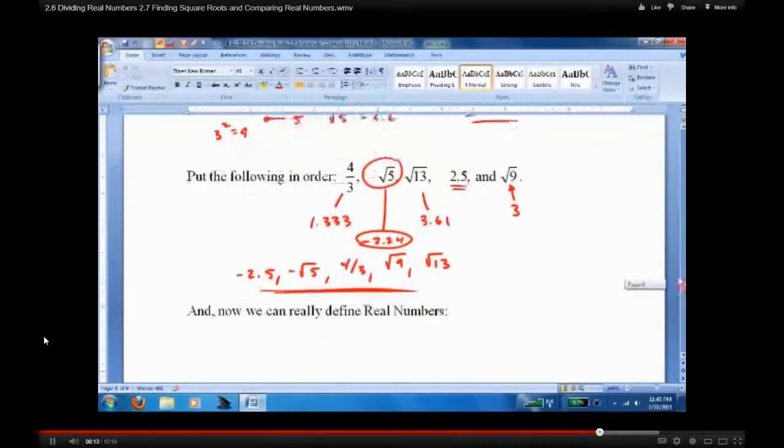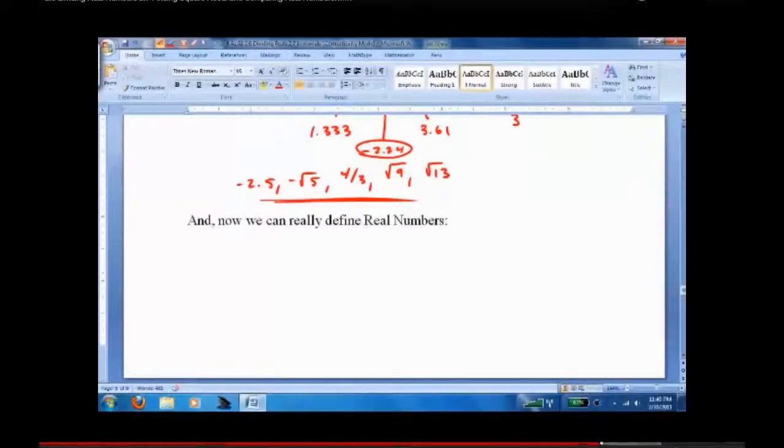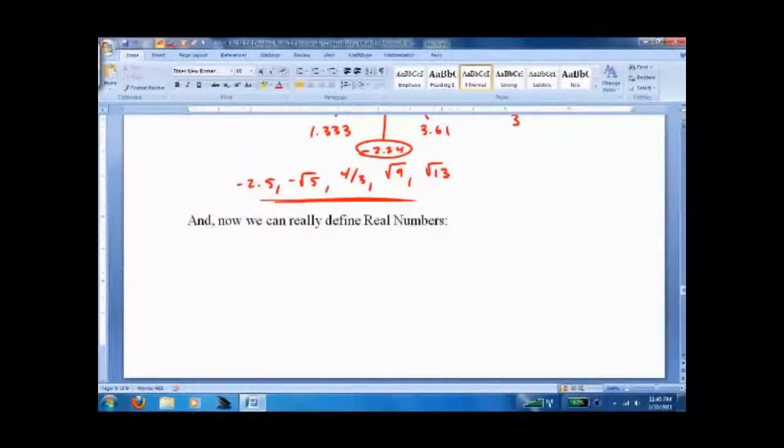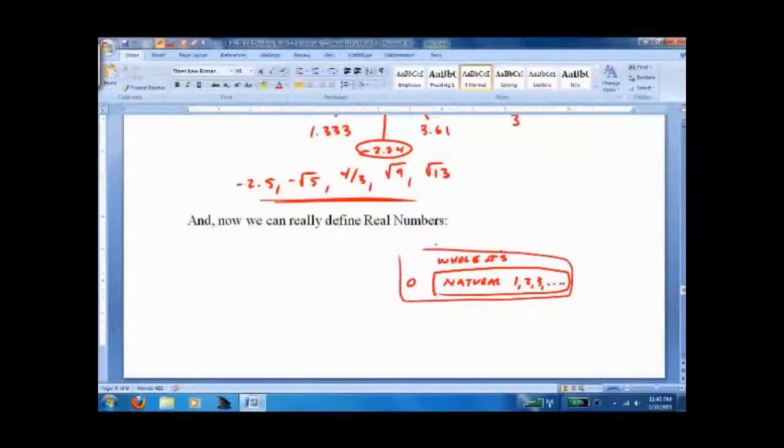Now that you know what a square root is, we can actually define real numbers. So we started with natural, and that was 1, 2, 3. We put that in a small box. Then we added 0, and that gave us the whole numbers. And put that in a slightly bigger box.